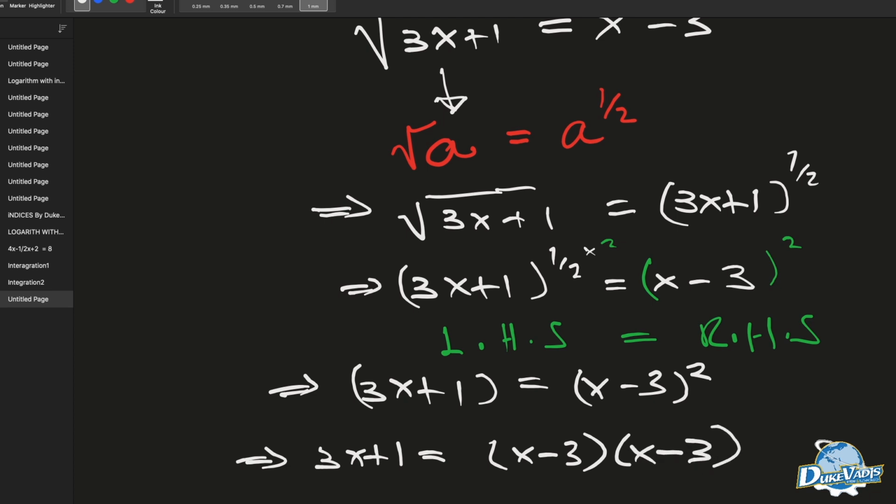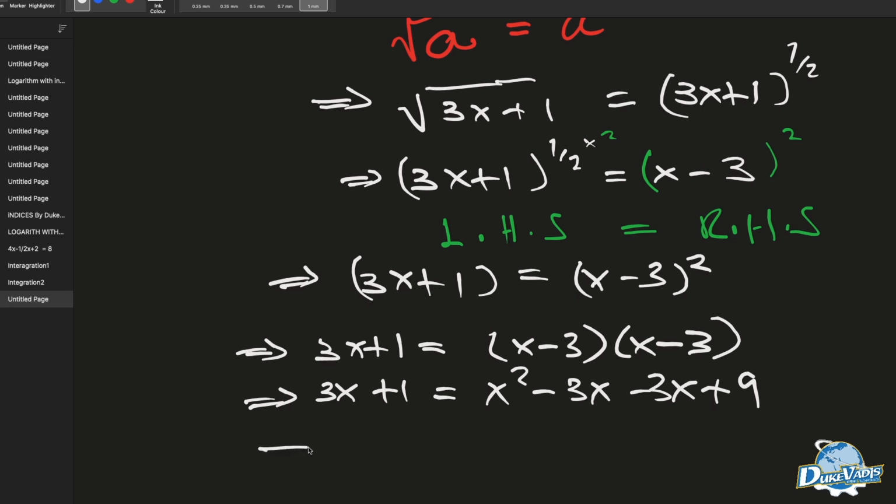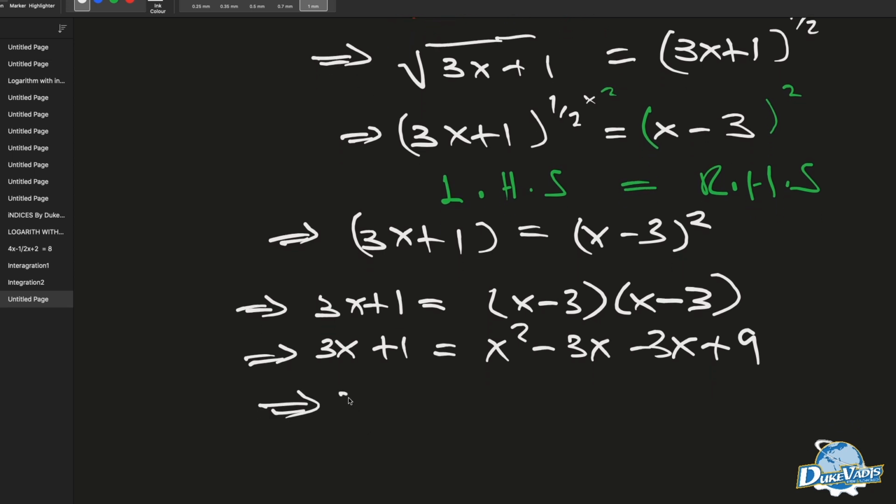This will be x squared minus 3x minus 3x plus 9. So we have 3x plus 1 is equal to x squared minus 6x plus 9.